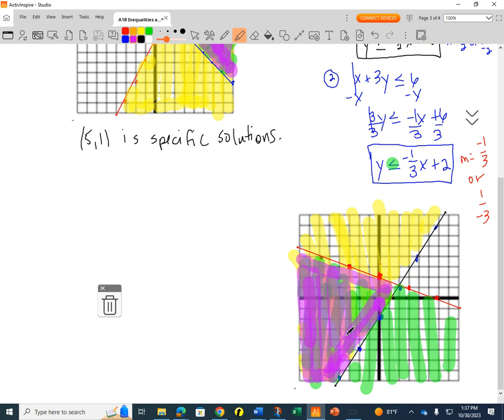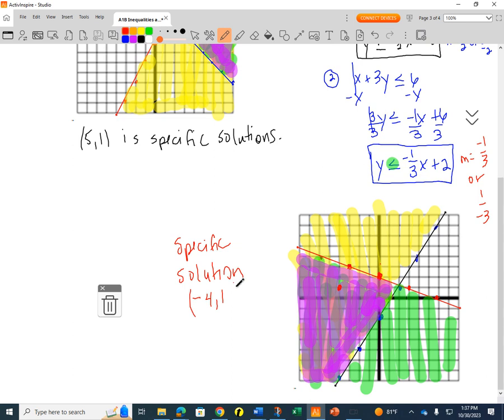So if we're picking a particular solution, a specific solution for this system of inequalities, any point in here. So I'm going to pick this one. So it's left 1, 2, 3, 4, -4, +1. But remember, there's an infinite number of solutions.